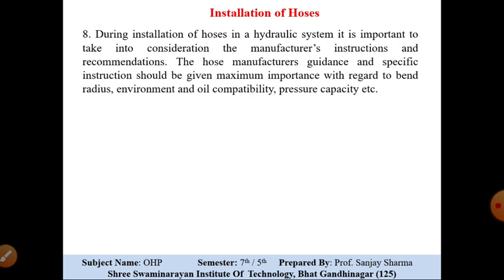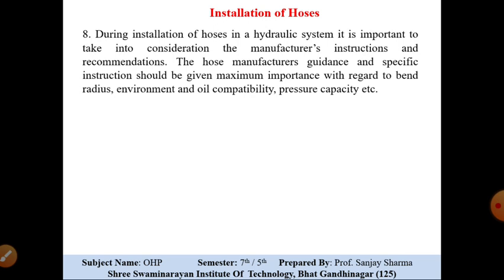Where the system is above 100 degrees, there the material of the hose pipe is different, and also the compatibility of the oil, synthetic oil, natural oil, or depending on the ester based or petroleum based oil, the hose pipes are selected.